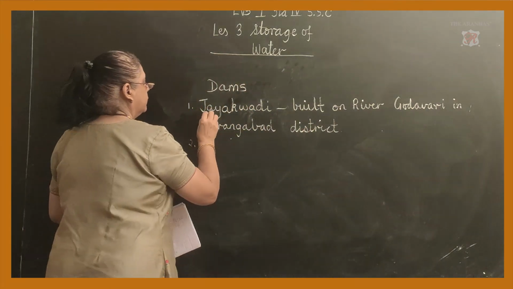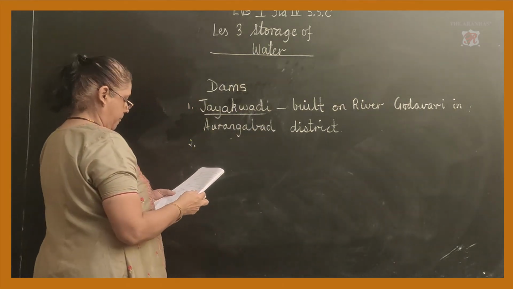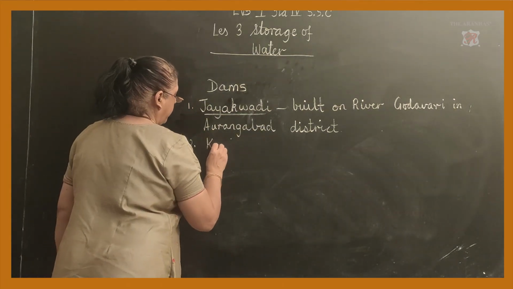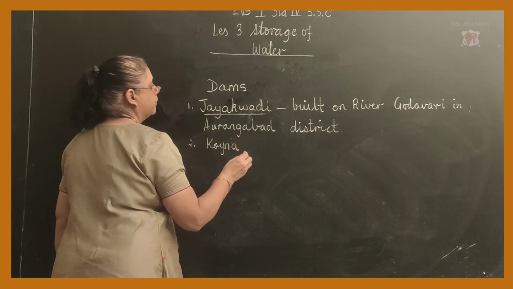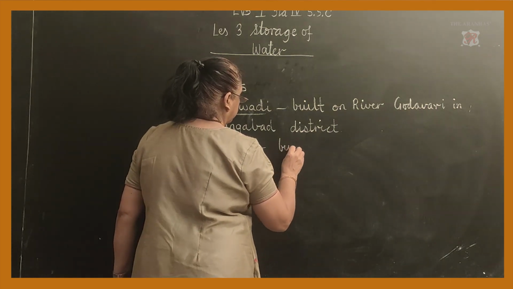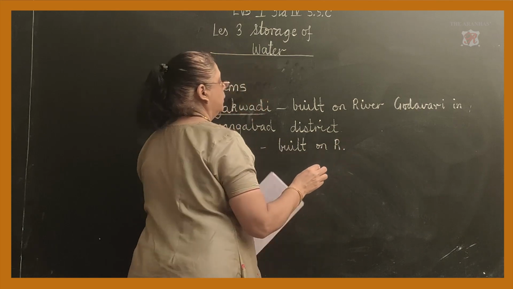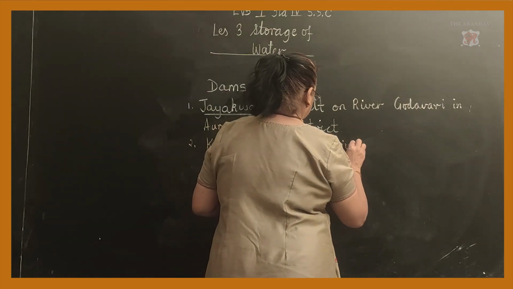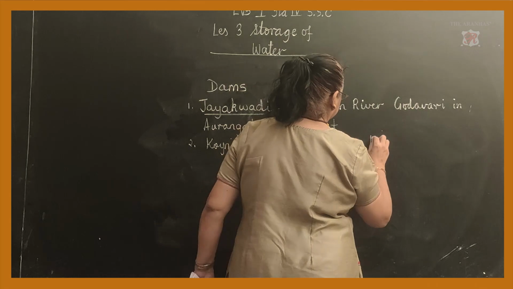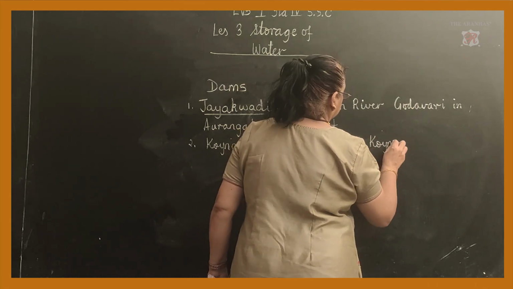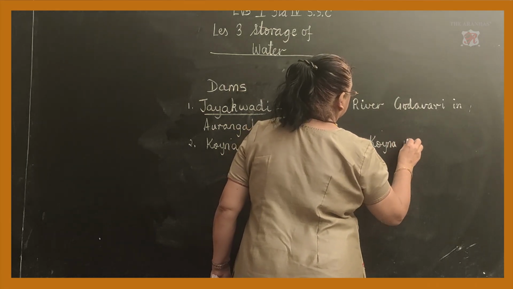Next one is Koyna, built on river Koyna in Satara district.